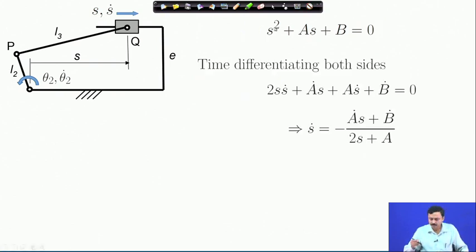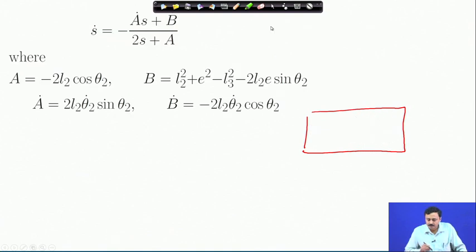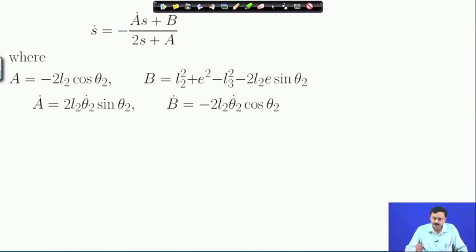Let me write this out formally. This is what we have just now derived. Therefore, s dot is minus A dot s plus B dot divided by 2 s plus A in the denominator, and there is a negative sign, as you can see. Here A and B have these expressions which we have seen.